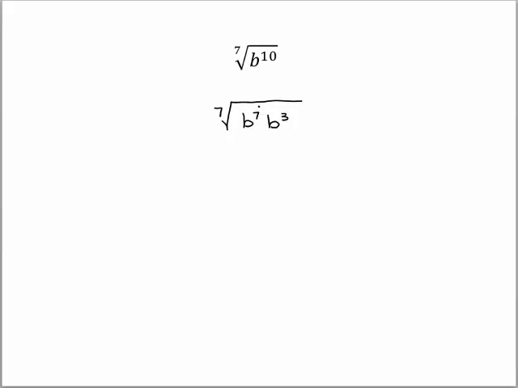So we can take 7 b's to the outside. So let's do that. That comes out as 1. So when we have 7 and a root of 7, it comes out as 1b. And what do we have left in the radical? We'll put our root here. We have b cubed.